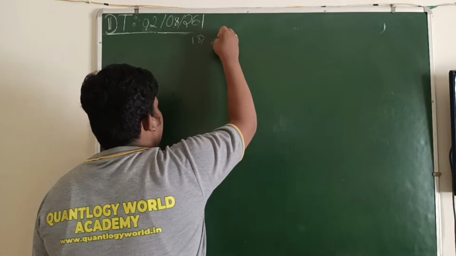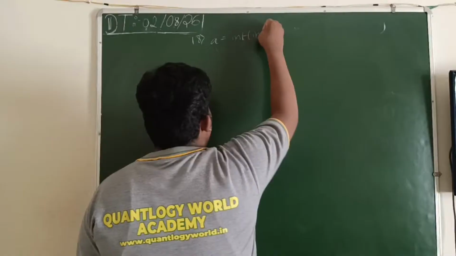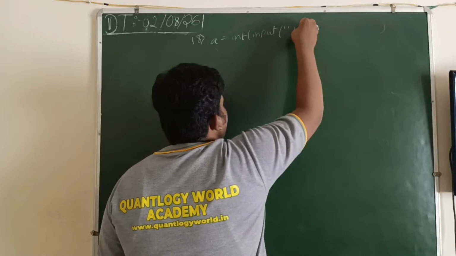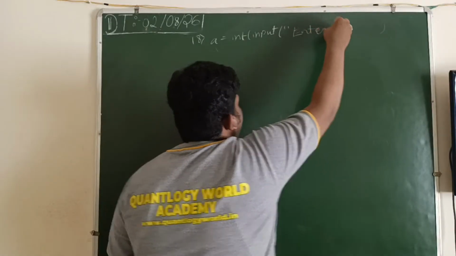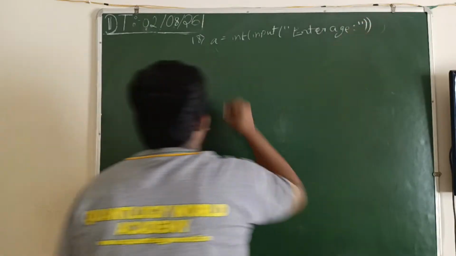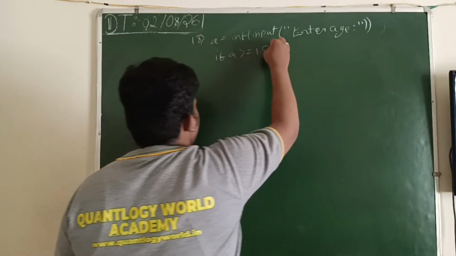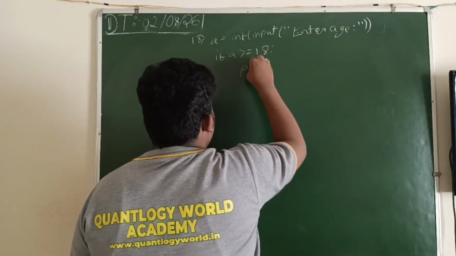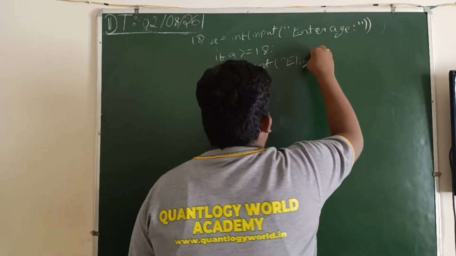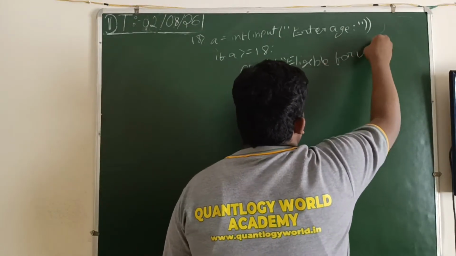Age A equal to int input, enter age. If A greater than equal to 18, print eligible for vote.